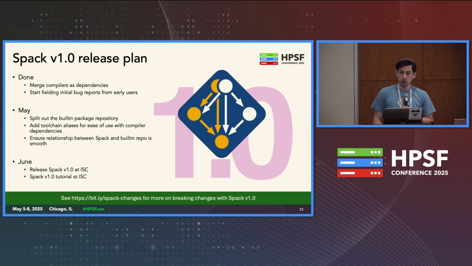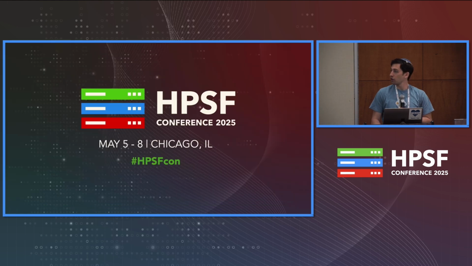And then in June at ISC, we will be releasing Spack 1.0 at our BOF, and we will be giving a tutorial using the new release. So that's all I've got, and I can take some questions.